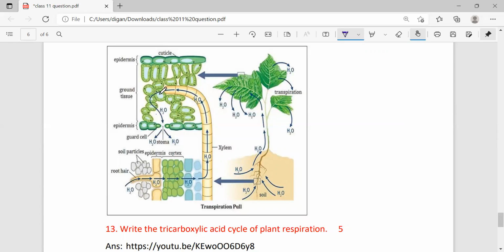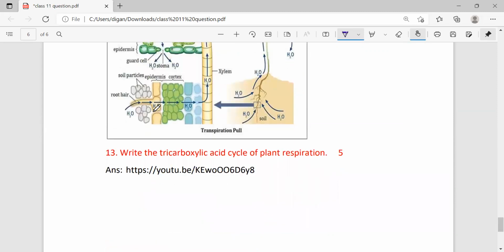Then due to this deficiency force, it attracts water from this xylem tissue, and this xylem tissue attracts water from the next xylem tissue. Like this, tension is created down to the root, and as a result of this tension, water is sucked as a column from the root and reaches the tip of the leaf or the tip of the plant. So this is the theory, and this transpiration pull theory is very important.